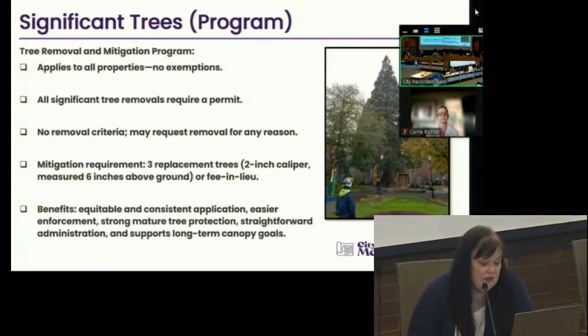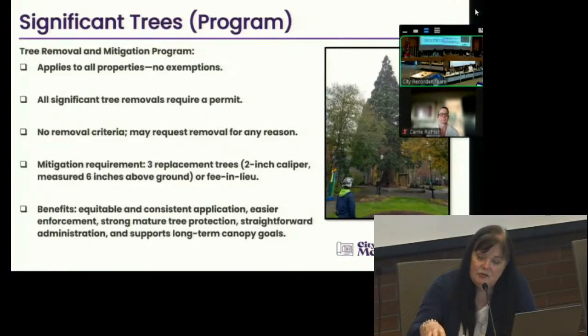So for significant trees, it applies to all properties. There are no exemptions. All significant tree removals require a permit, but there is no criteria that would prevent removal, if you want to think of it that way. The reason why we want there to be a permit to remove them is, one, if it's in a protected district, so the natural hazards, the hazards protection district, and the management development area that we passed.